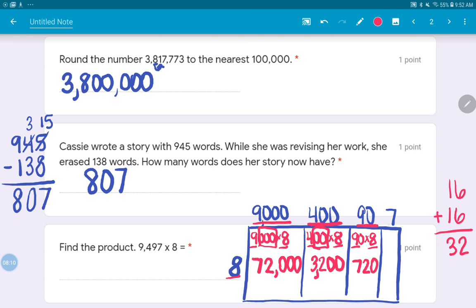And then the last section, we have a length of 7 and a width of 8. 7 times 8. Amy?